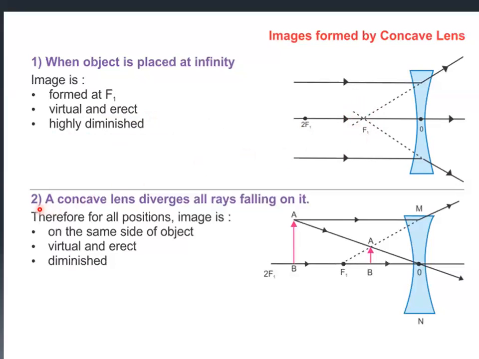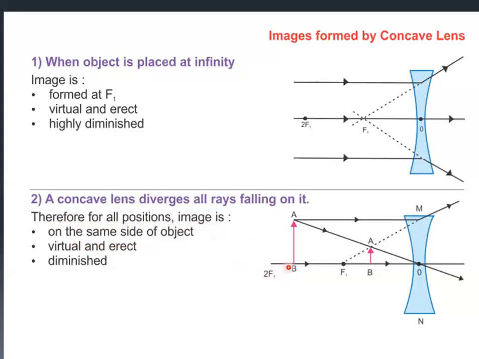And the second position: the object is kept somewhere on the principal axis between infinity and the optical center. If we keep an object AB there, where will the image be formed? That is what we are going to discuss next.